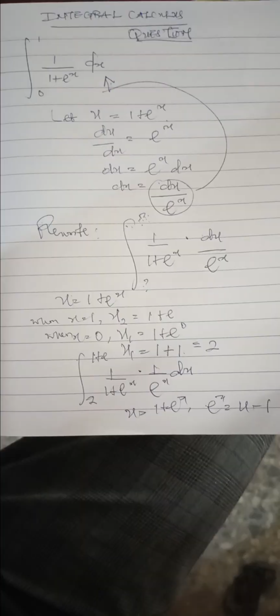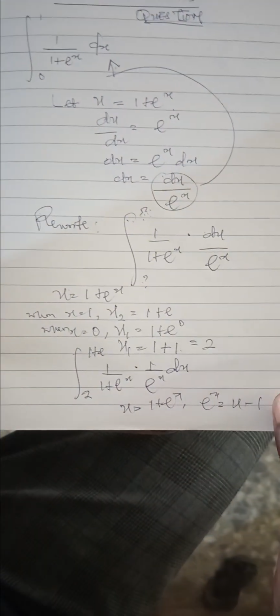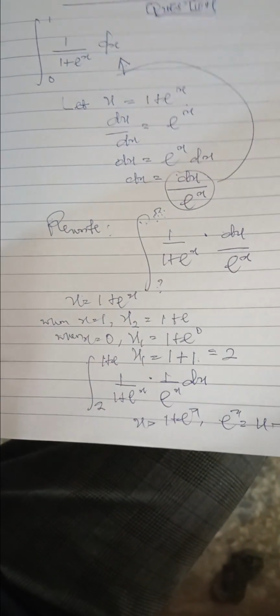So we have the integral from 2 to 1 plus e. So you know that instead of writing 1 plus exponential x, we have 1 over u. So we are going to have 1 over u, then multiplied by, instead of 1 over exponential x, 1 over u minus 1.